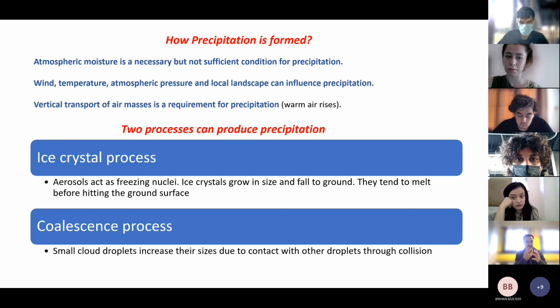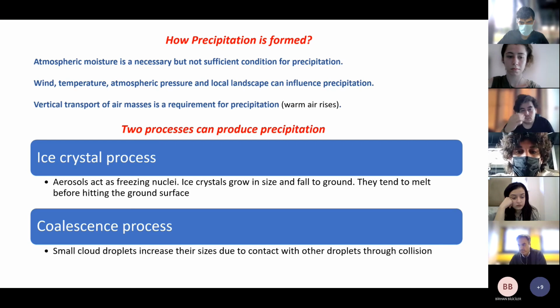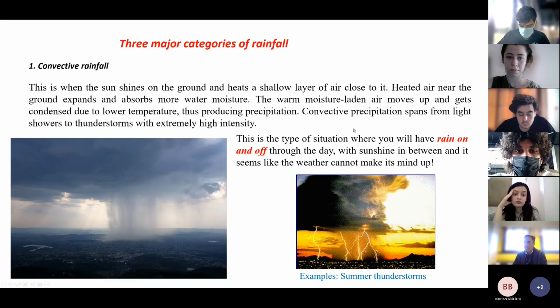It comes a bit down, and other water molecules are absorbed by the bigger one. The process is called coalescence. It gets bigger, and when it's big enough, due to gravity, it comes down. Small cloud droplets increase their size due to contact with other droplets through coalescence. Okay, so these are the processes.